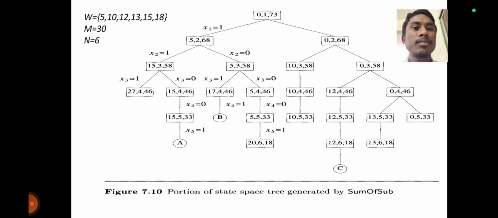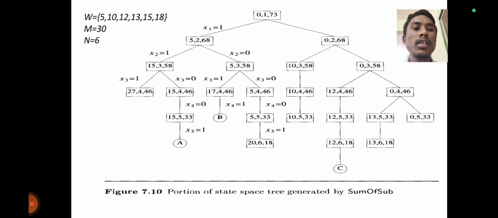Here we can fill the box with 5, then subtract that 5 from 73, then we get 68. Next x2 equals 1: the second element is included, which means we get 15. Next the third element is included, then we get 27.